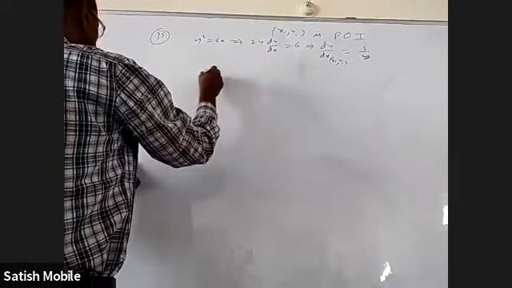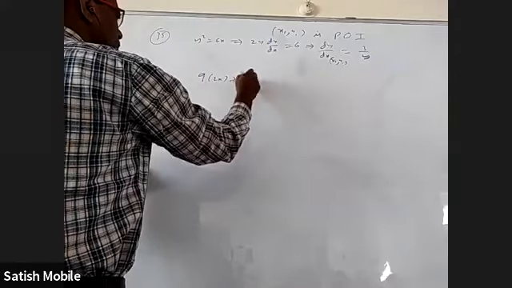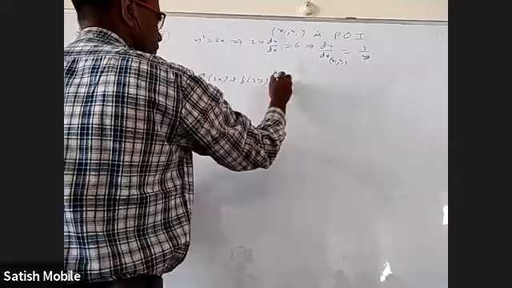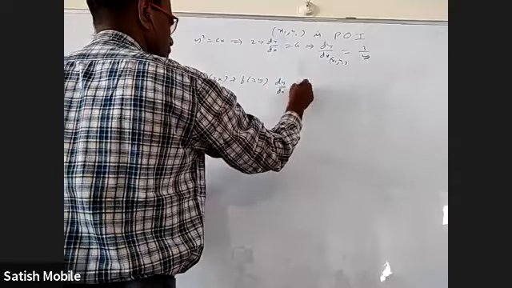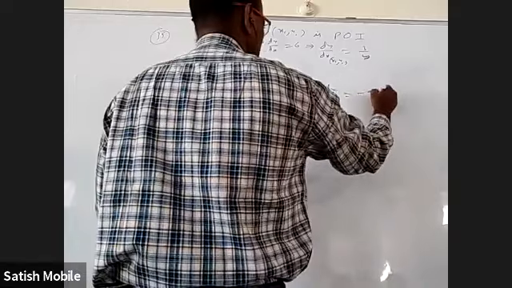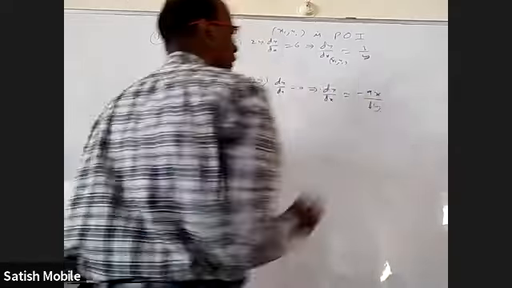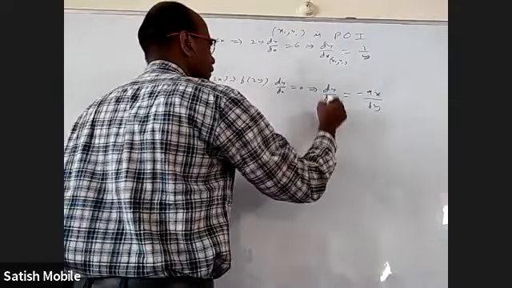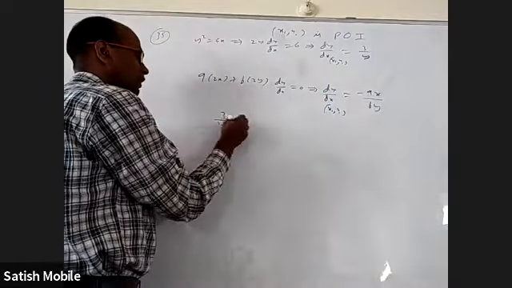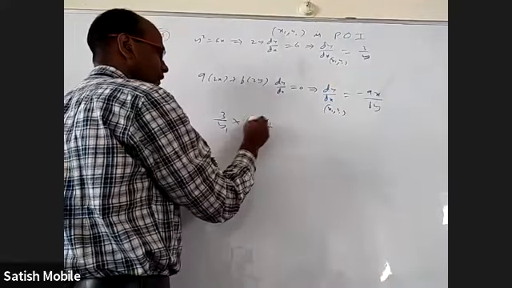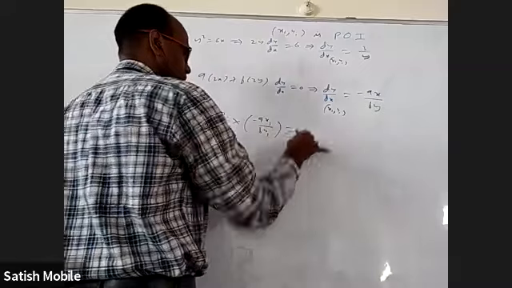Second one, when I differentiate, 9 into 2x plus b into 2y dy by dx equal to 0. From that dy by dx will come minus 9x by by. Their product should be minus 1. Okay. So 3 by y1 into minus 9x1 by by1 should be minus 1.